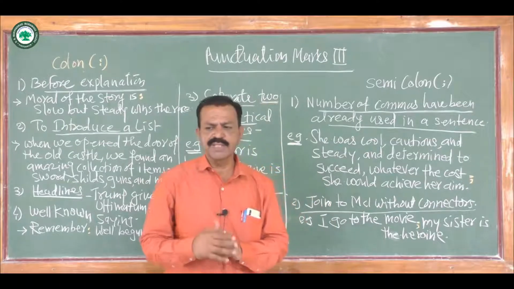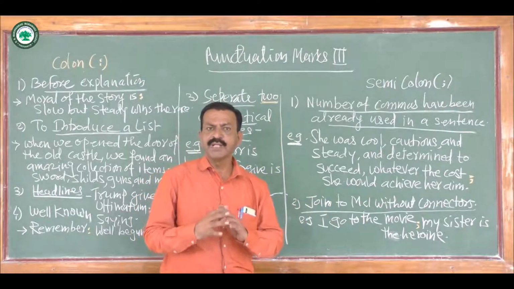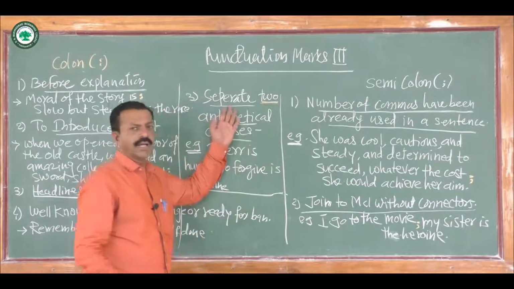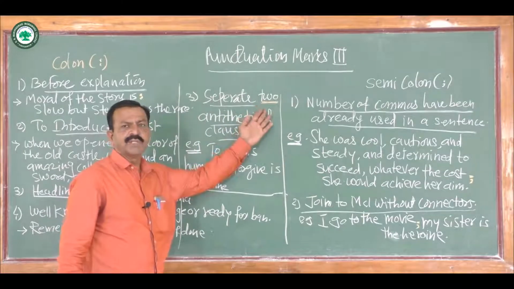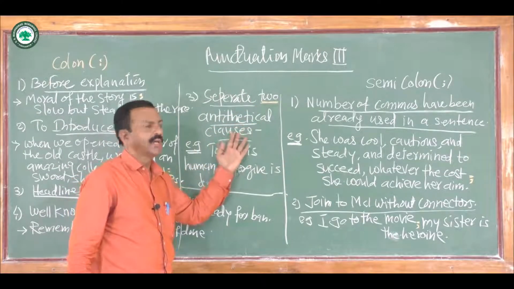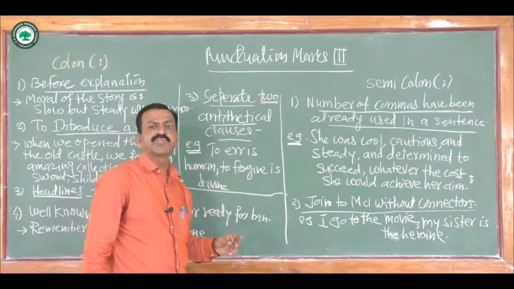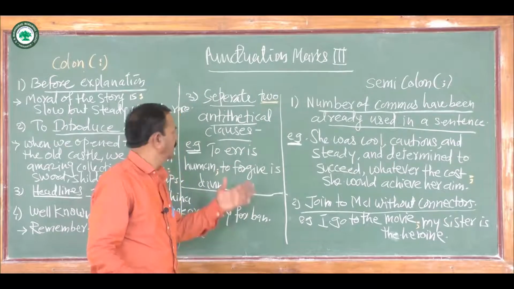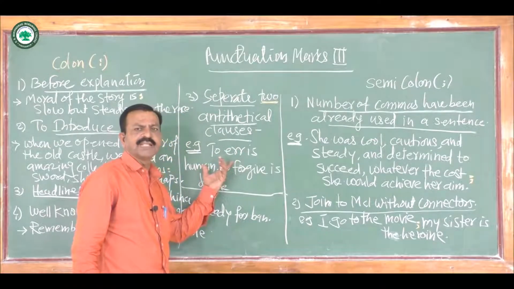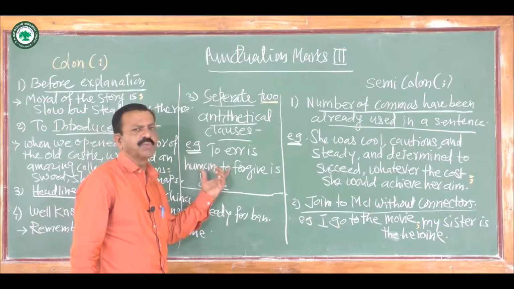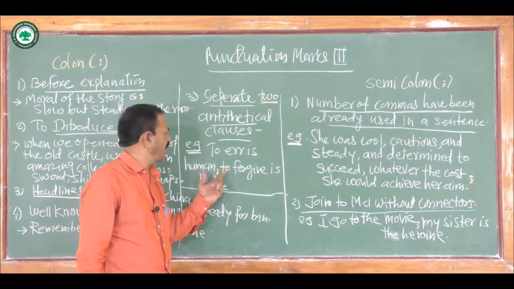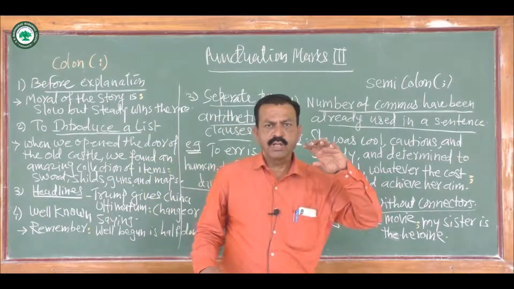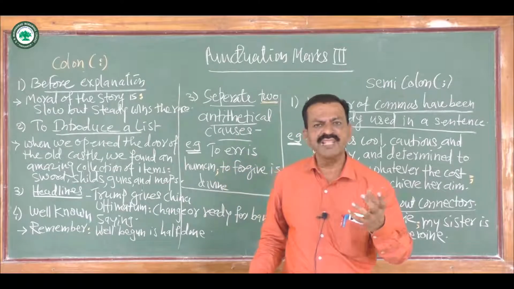The third use of semicolon is to separate two antithetical clauses. Antithetical means opposite to each other. Here the example is given: To err is human; to forgive is divine. To err means to make mistakes.